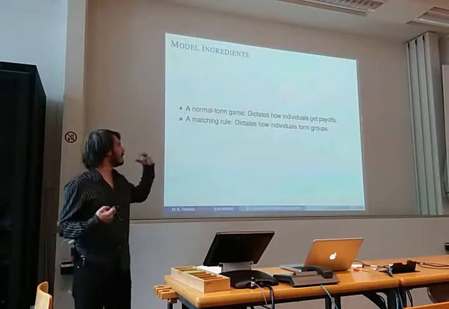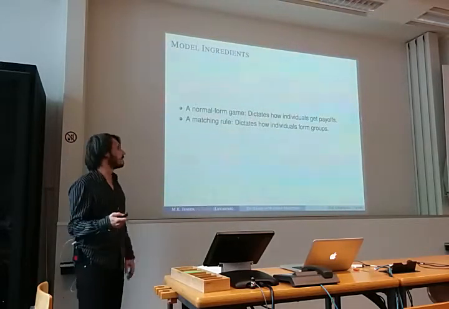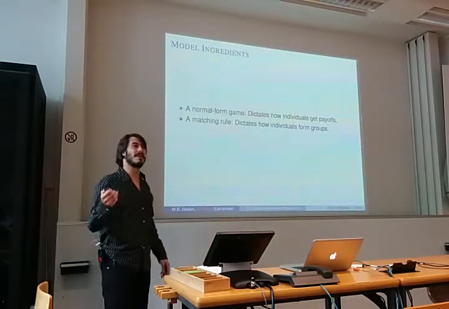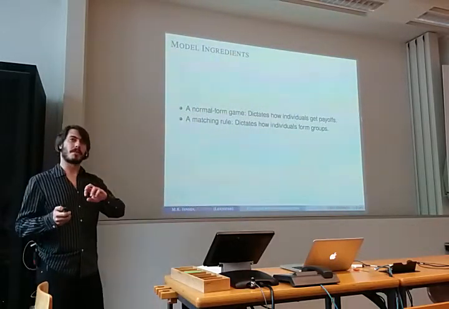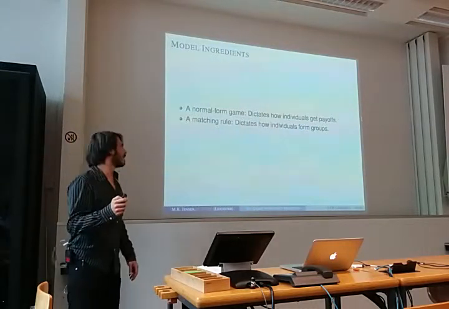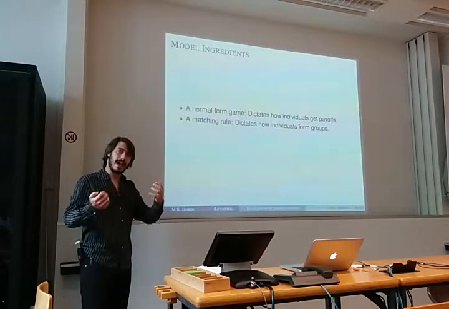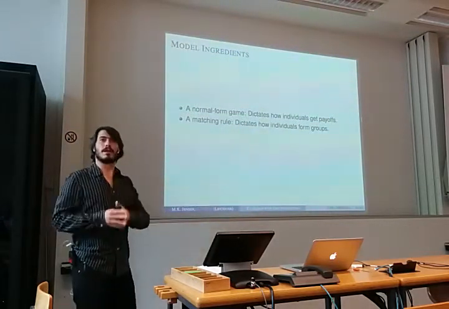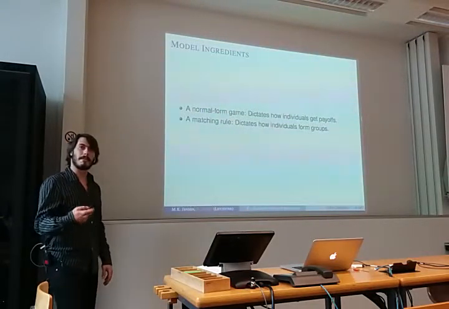So the normal form game dictates how individuals get payoffs or fitness. For us, it's going to be the same. But assortative matching can occur because of social preferences, maybe. And the matching rule will dictate how people are going to be matched to each other according to the strategies. Right? So it is an action matching.